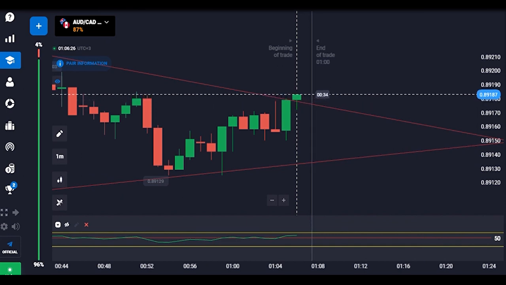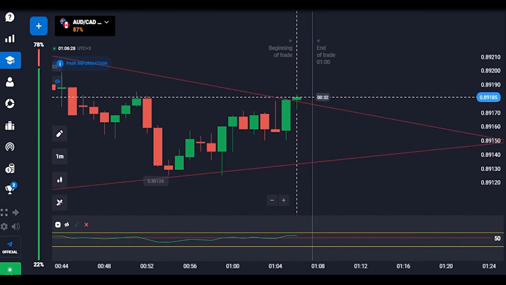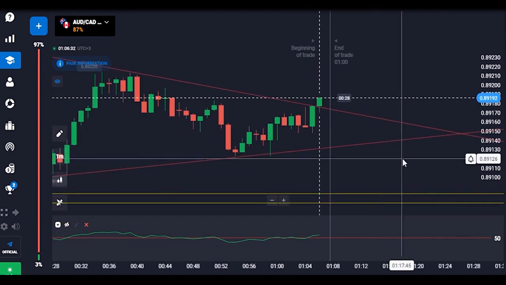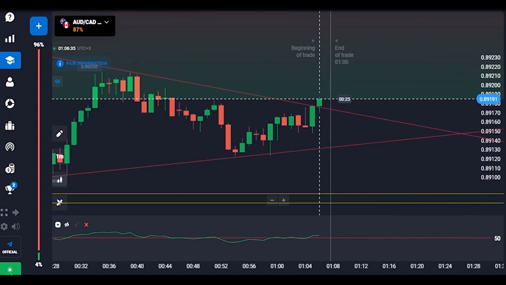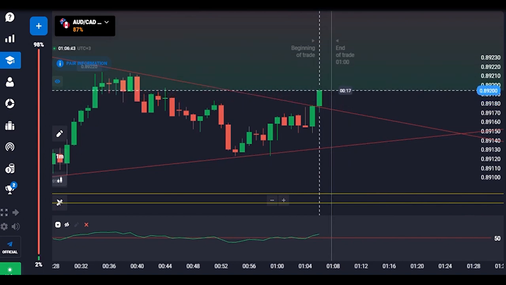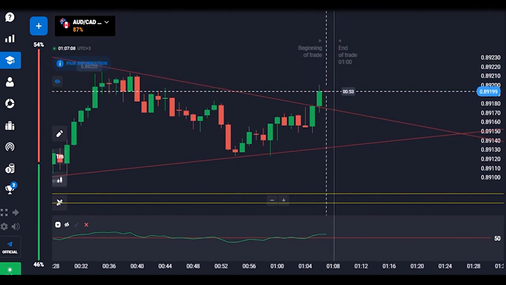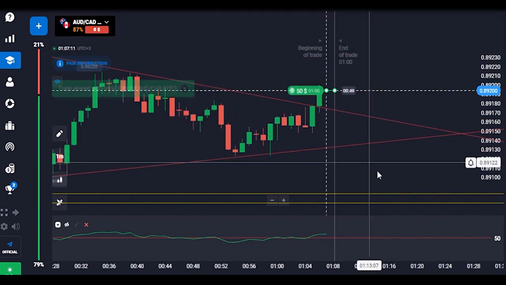Here, as you can see, the candle has surpassed the trend line, and this is the moment we have been waiting for. But as we previously mentioned, we must wait for a confirmation candle to ensure that this breakout is not false. Only then do we take our trade upwards, and we are 100% sure of its success.